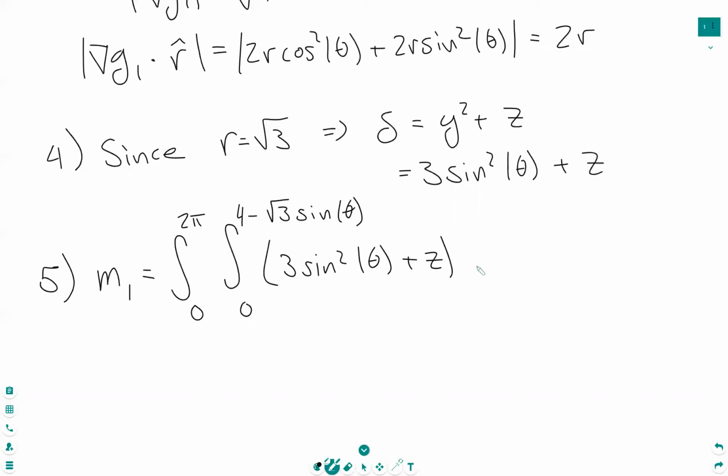Now, we still need this r for cylindrical coordinates, but that ends up just being root 3 because of our constraint function here. So we still have a Jacobian, that extra r, but because we're doing dz d theta, we need to replace that r with this root 3 here.